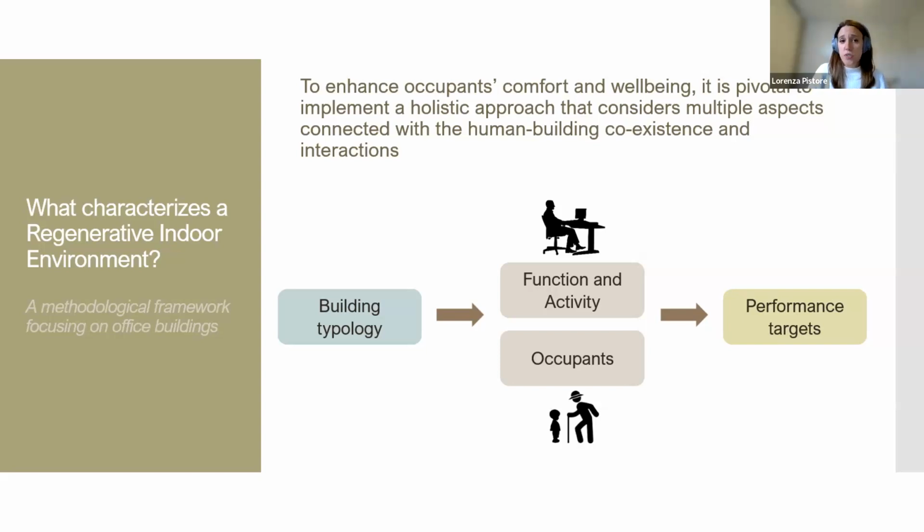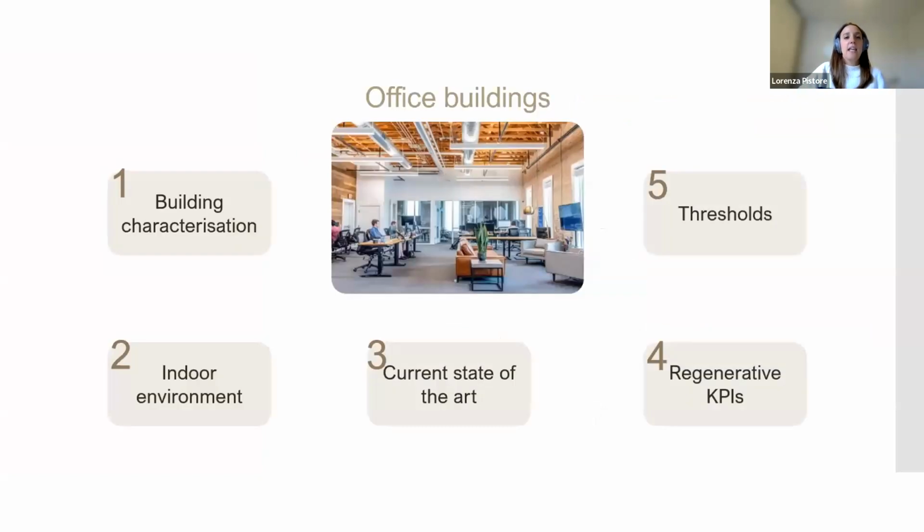Let's think about schools, for example, or care facilities for elders. In that case, we would have a very specific typology of occupants. And from this information, we can set the performance targets that we want to achieve in that indoor environment.